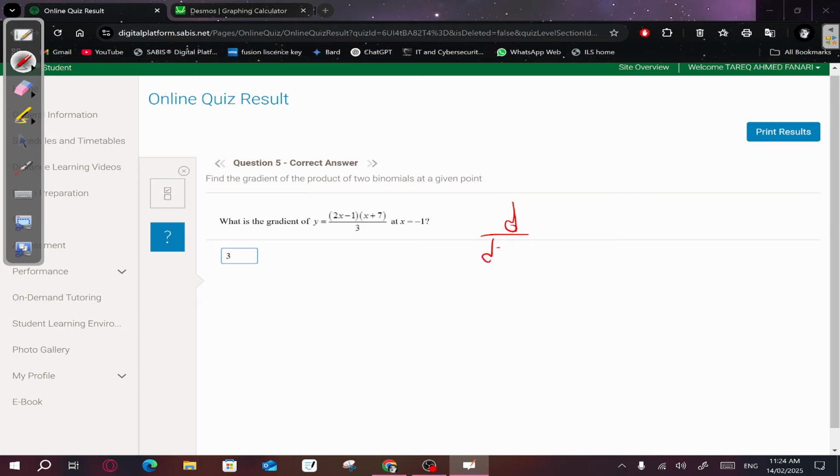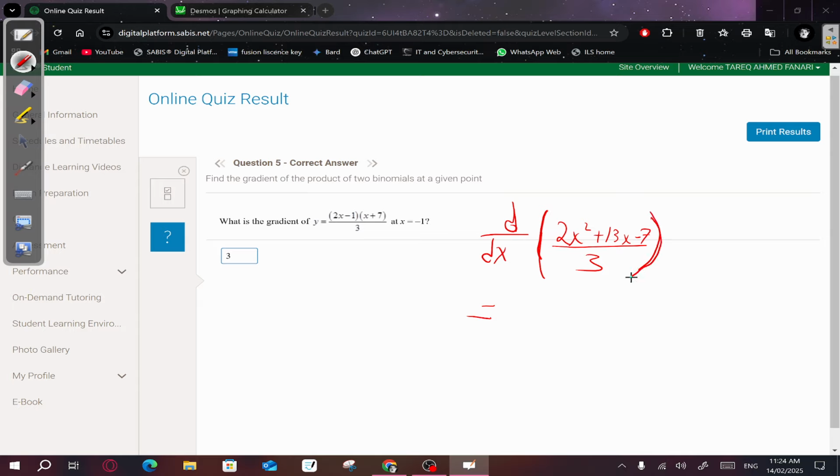So d by dx of (2x minus 1)(x plus 7) over 3. I'm going to expand this to make it easy: 2x squared plus 13x minus 7, all over 3.